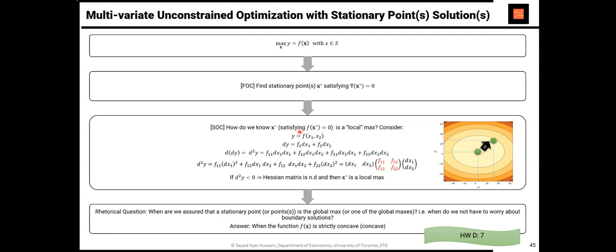Here's why. Take a simple two-variable unconstrained optimization problem. Y is a function of x1, x2. Imagine both x1 and x2 change. The total change in y is the partial of f with respect to x1 times the total change in x1, plus the partial of f with respect to x2 times the total change in x2.